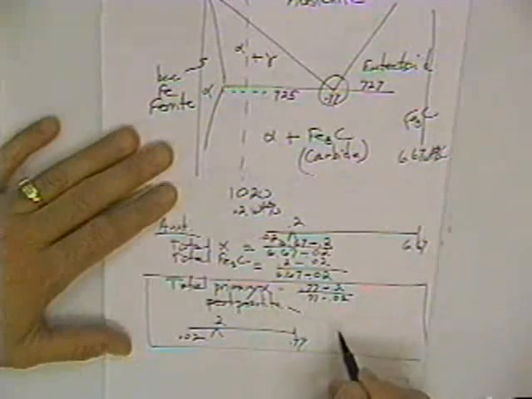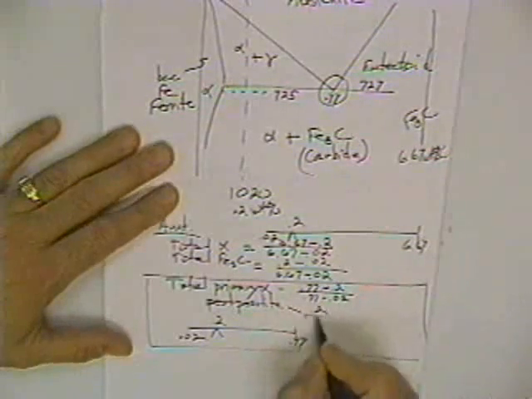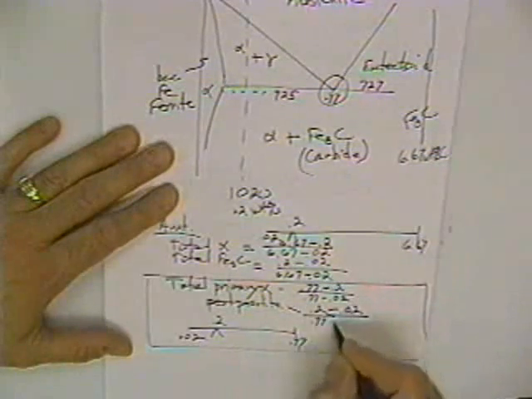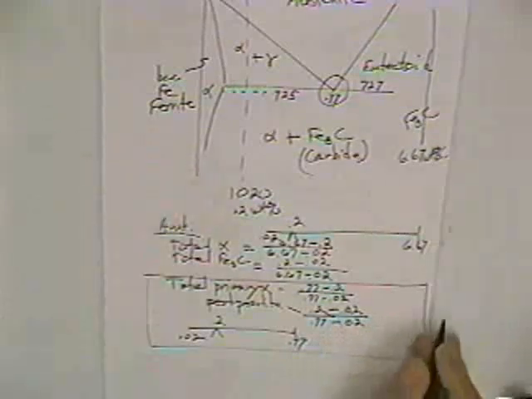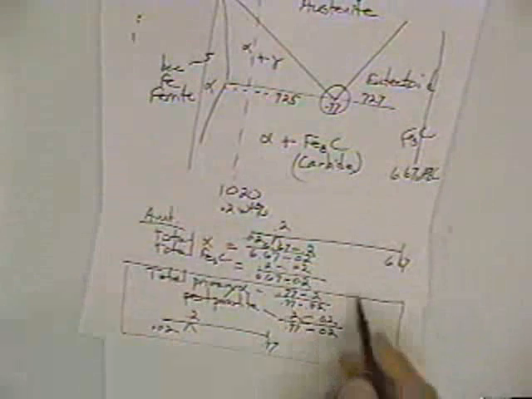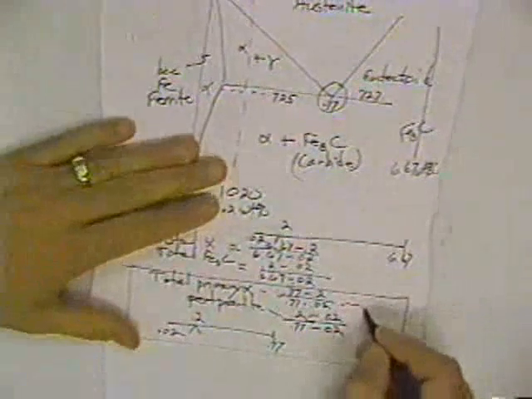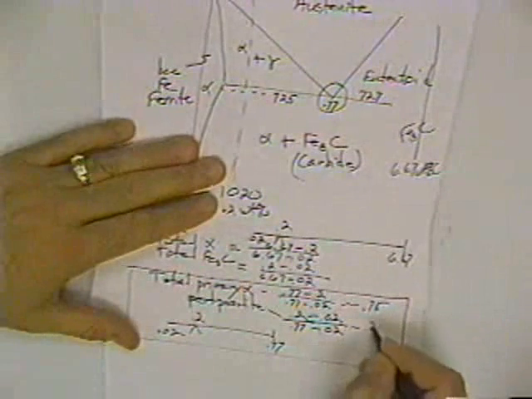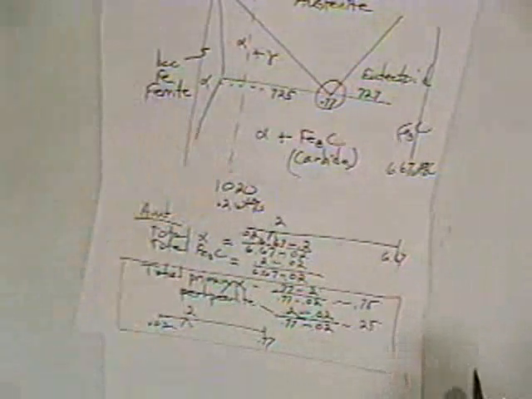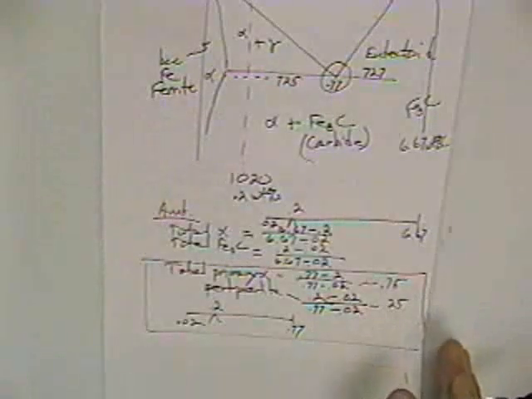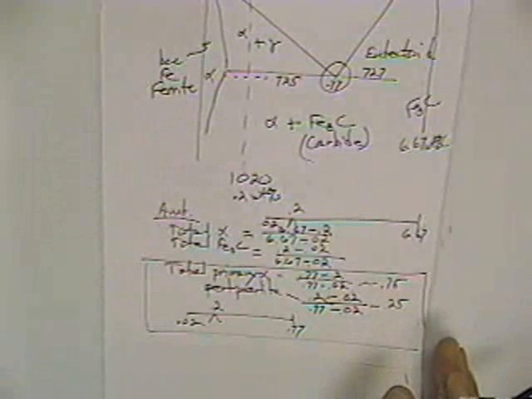The amount of perlite would be 0.2 minus 0.02 over 0.77 minus 0.02. And let's see, that'd be 57 or 60 over 80, so it looks like it'd be about 3/4, about 0.75, and about 0.25 for the perlite, on that order. And let's just go ahead and draw the microstructure for ourselves so we would have an idea of what the microstructure would look like.